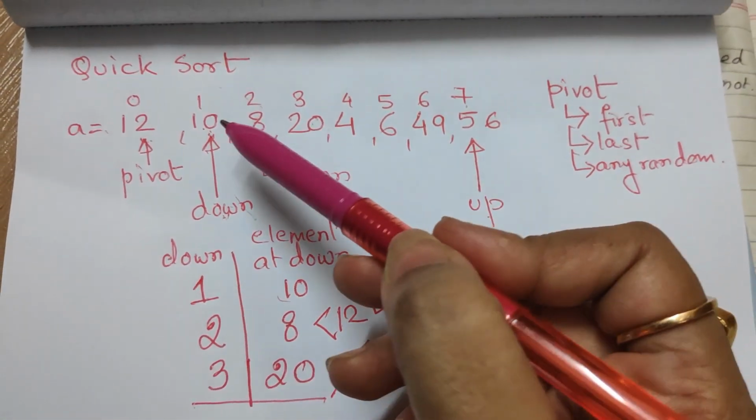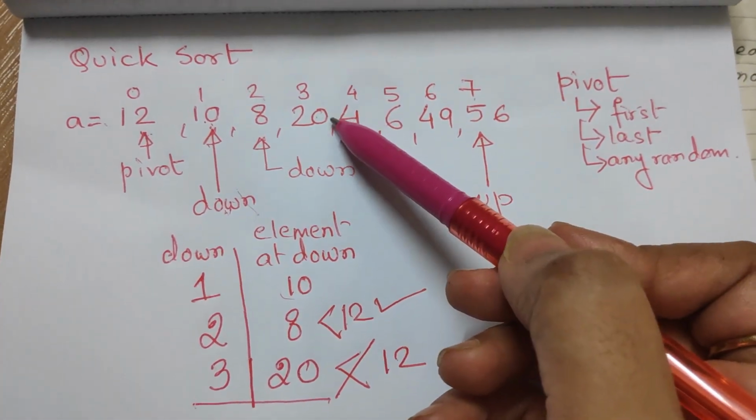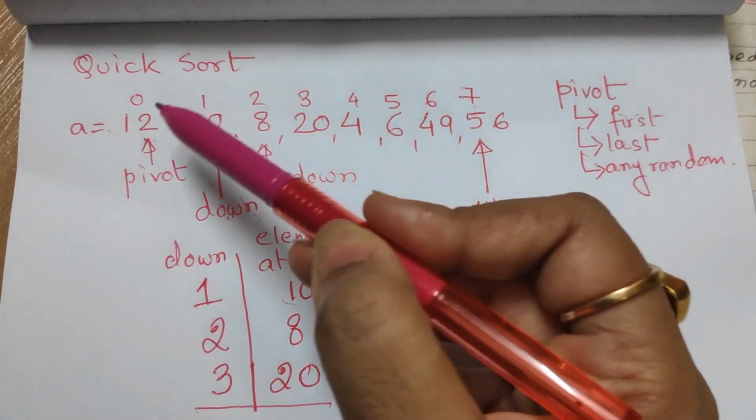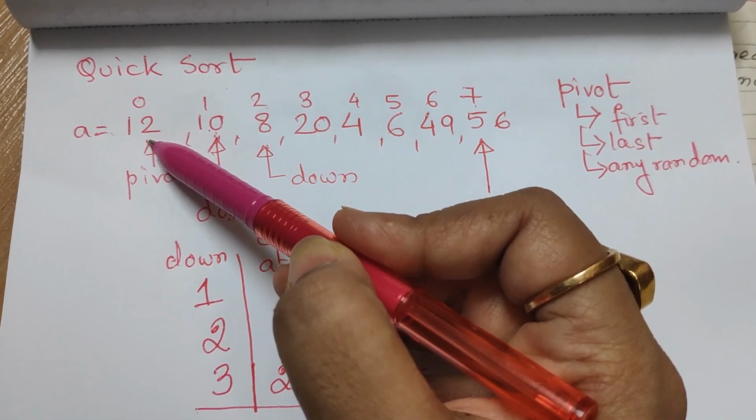So you see, we went forward in our array till we got an element which is greater than the pivot element.